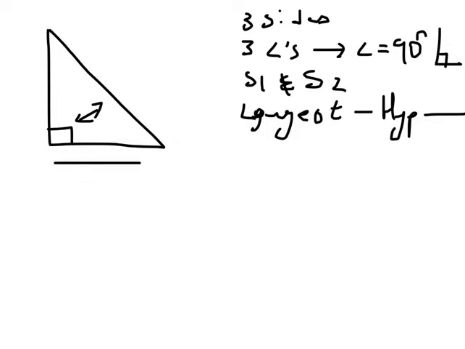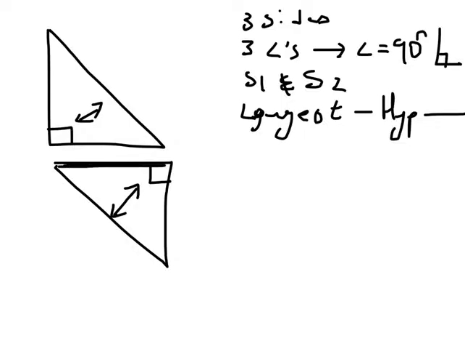So you might have a right-angled triangle which is like that. What you know is that the side which is facing that 90 degrees is the longest side, and it is called the hypotenuse. So when you take side 1 in terms of its length and compare it with the hypotenuse, the hypotenuse is always longer.